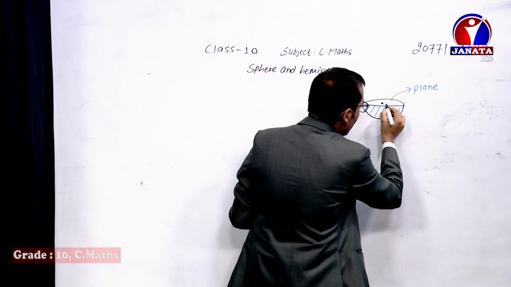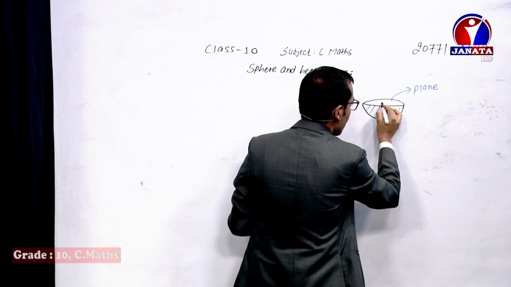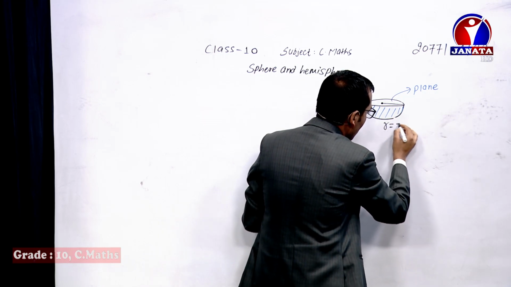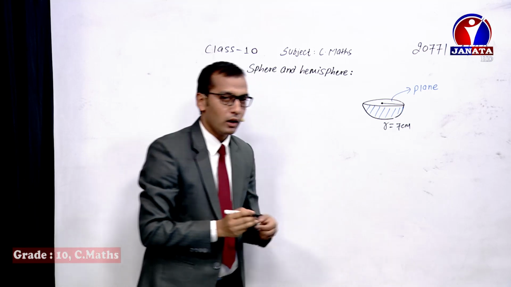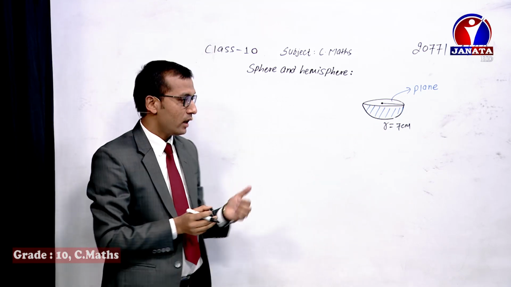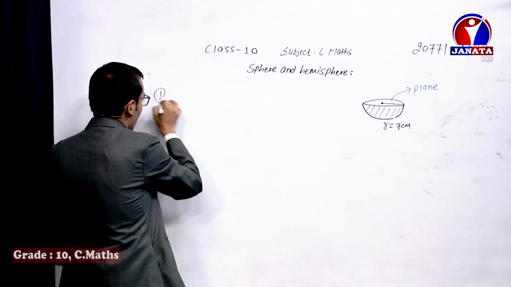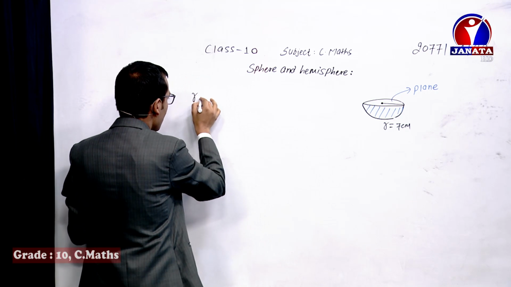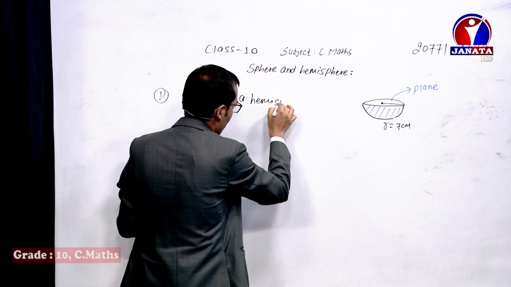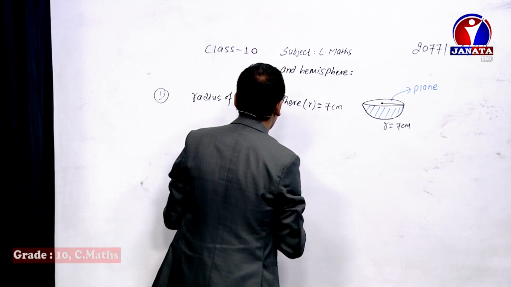If the radius of the base of hemisphere is given 7 centimeter, suppose r is given 7 centimeter, now we are calculating curved surface area, total surface area and volume of this hemisphere. First of all, what is the given information? A radius of a hemisphere is given 7 centimeter.